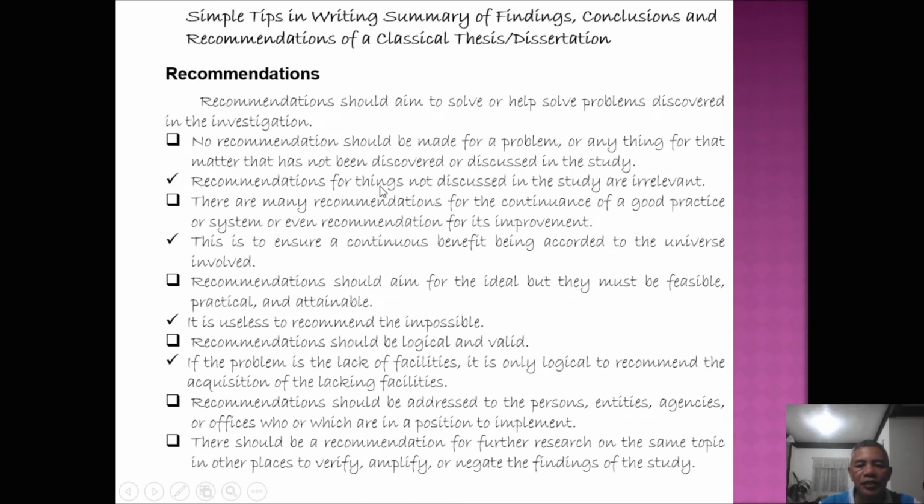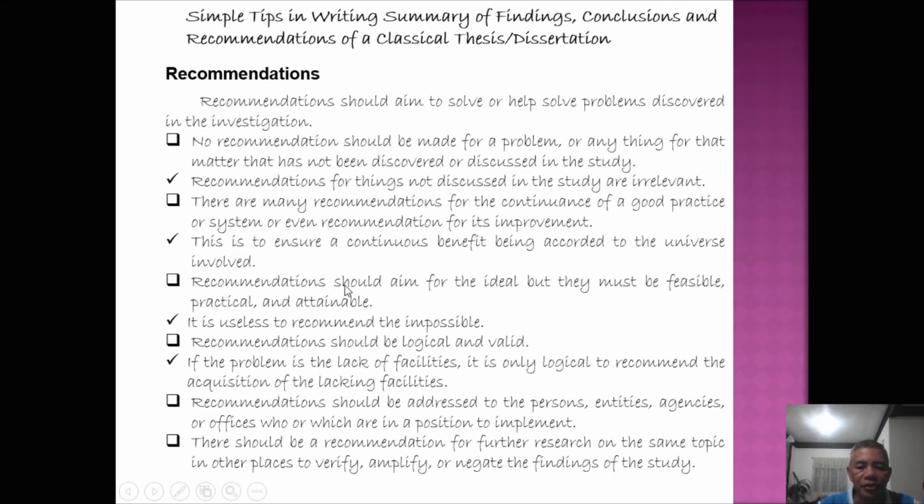Recommendations for things not discussed in this study are irrelevant. There are many recommendations for the continuance of a good practice or system, or even recommendations for its improvement. This is, of course, to ensure a continuous benefit being afforded to the universe involved.